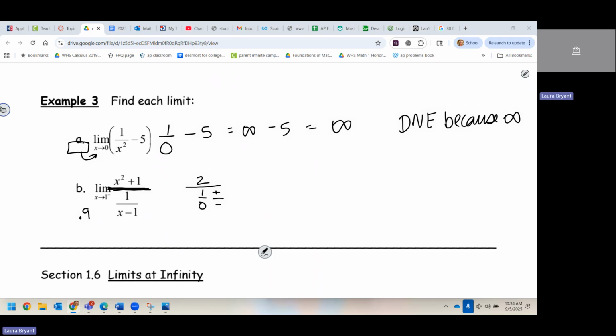So my overall result here is negative infinity. And we talked about that property on the other side: any number divided by infinity goes to 0. So this result is 0. You could get the same thing by doing a keep change flip and plugging in, but I wanted to show you an example where you had a fraction within there and then had to look at that fraction rule.